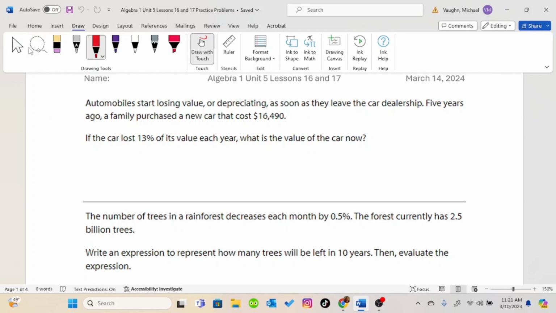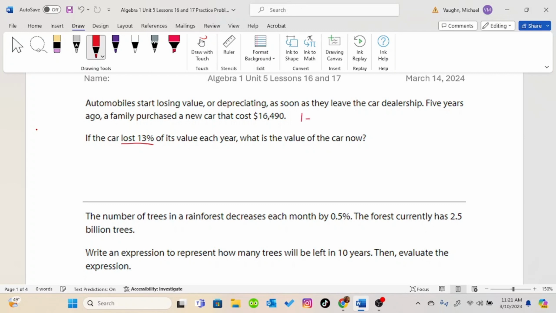So we know our starting amount, but we need to decide what our growth factor is. The key here is that we're losing 13% of the value each year.